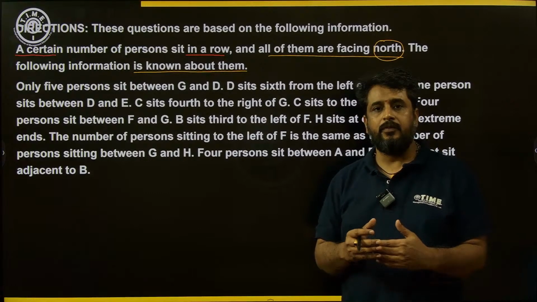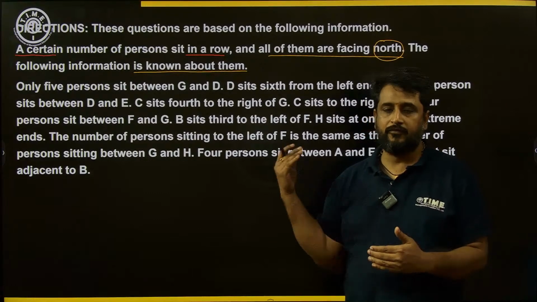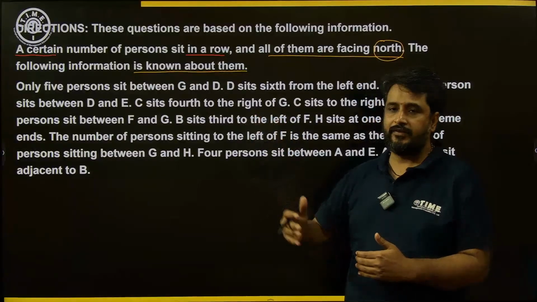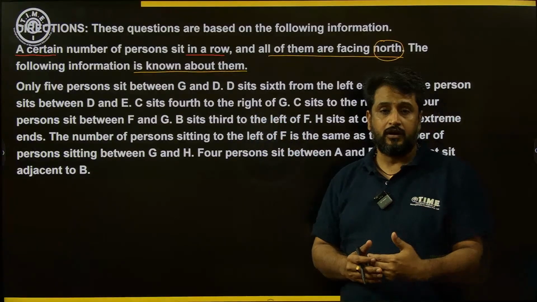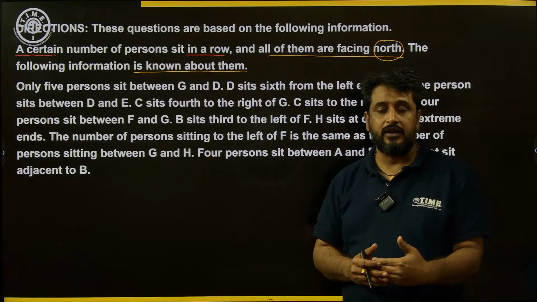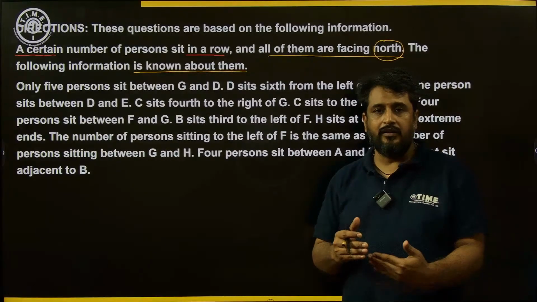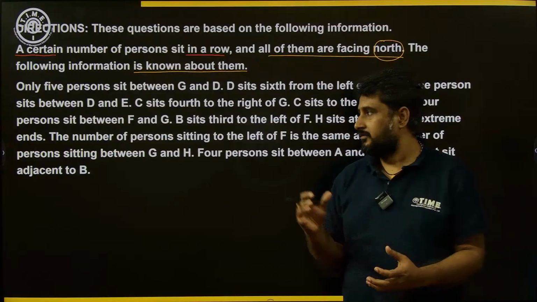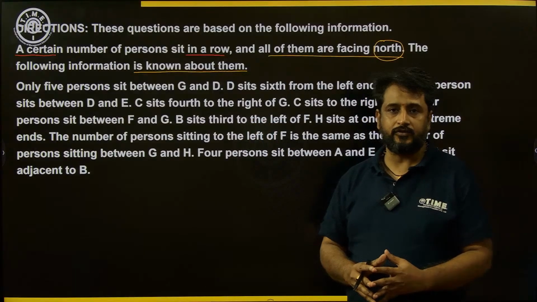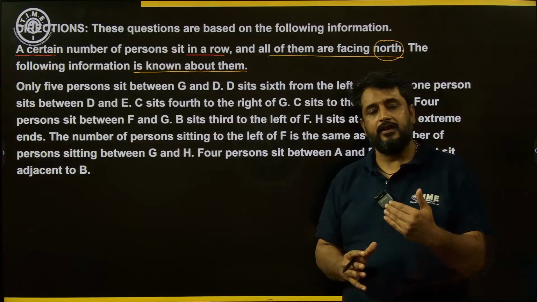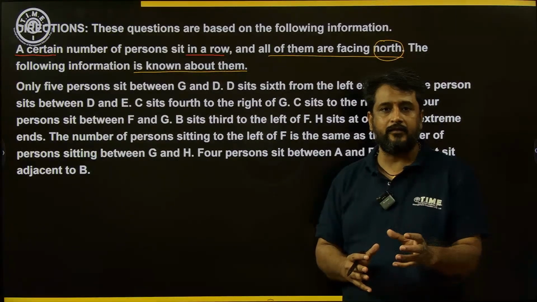These are very important technical terms you should know before attempting this kind of puzzles. Even you should know the difference between the terms between and exactly between. All these are technical terms you must know in linear arrangement questions. Not only linear arrangement, even in circular arrangement, in any seating arrangement questions.